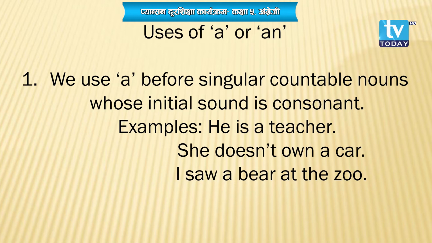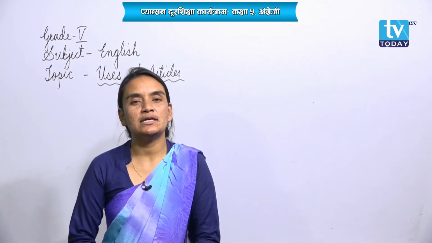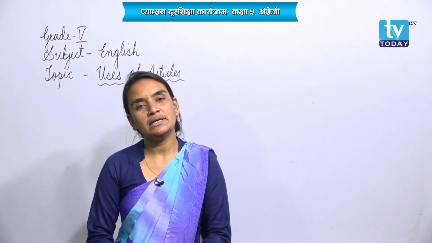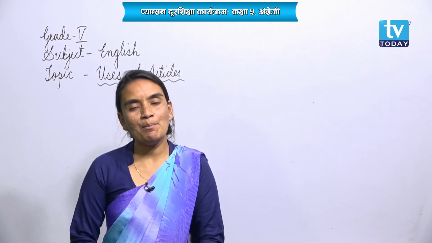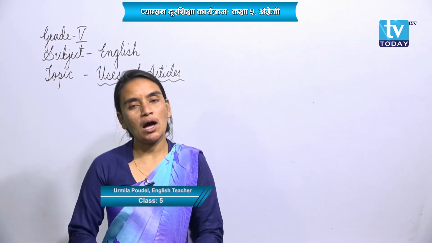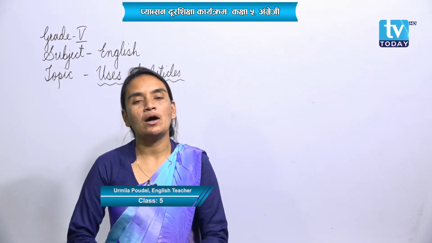So, she doesn't want a car. A car can be counted. I saw a bear at the zoo. A bear at the zoo. In such a way, you can make some more instances to be clear about it. To identify the singular number, to identify the countable, which can be counted, and which cannot be counted.